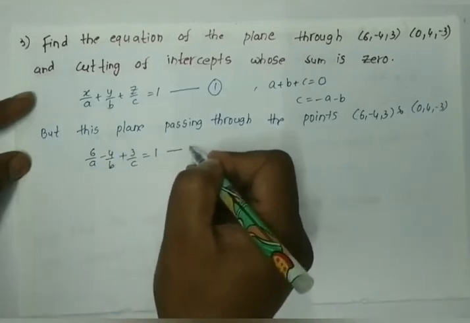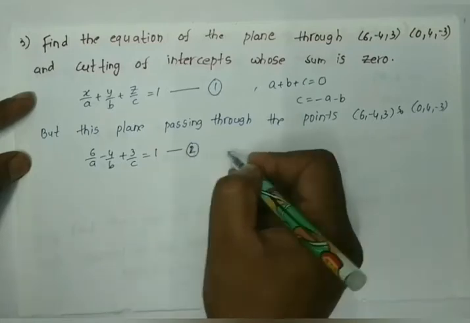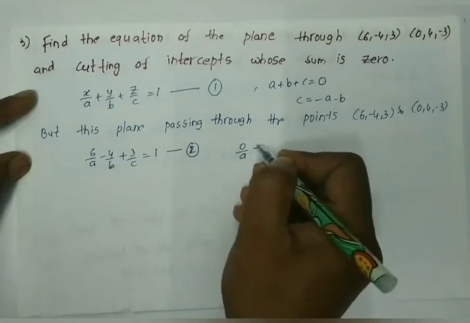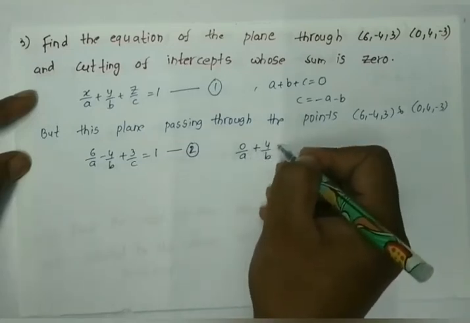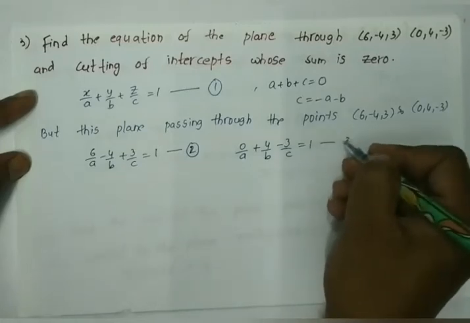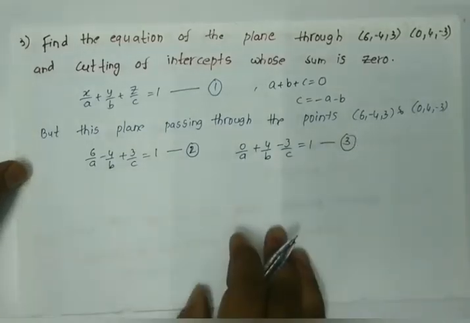Let us name this as equation 2, and 0 by a plus 4 by b minus 3 by c is equal to 1. Let us name this as equation 3.